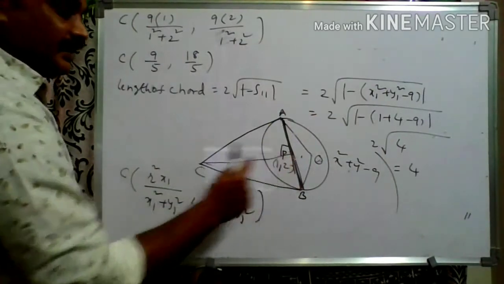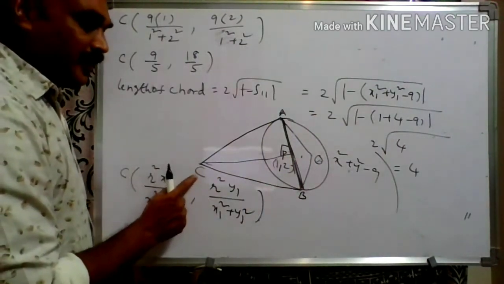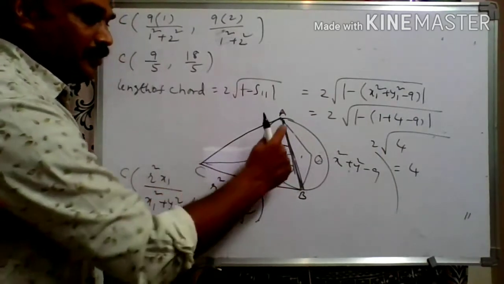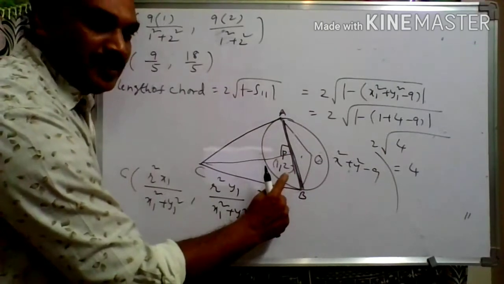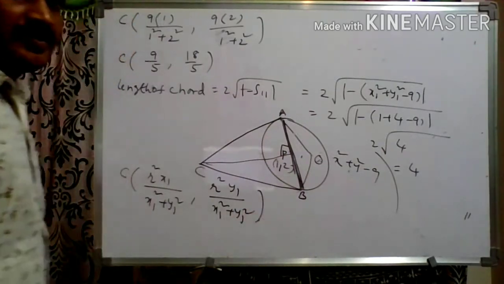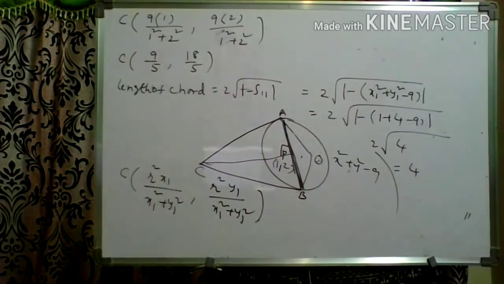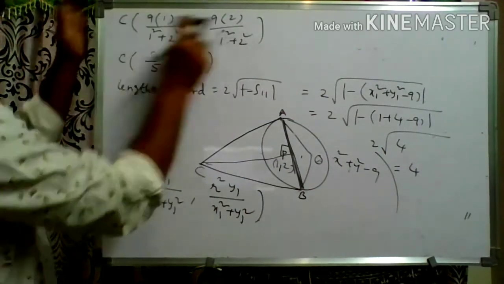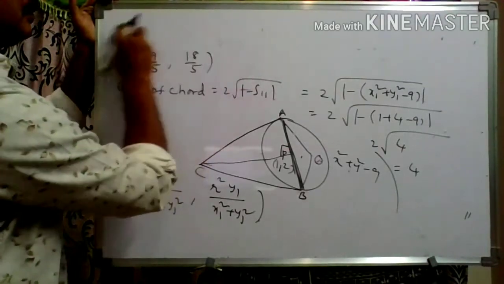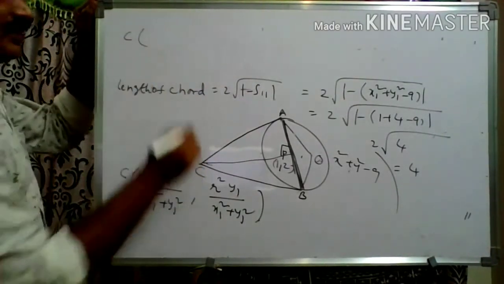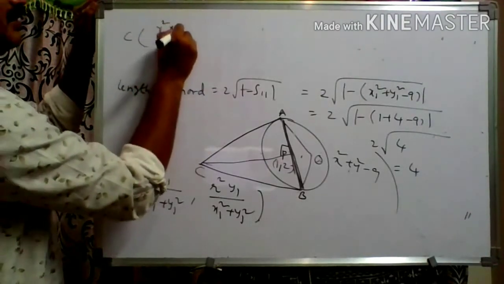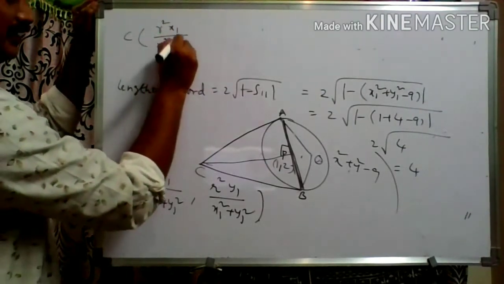Next, calculate the height. The height is the perpendicular distance from C to the chord. First calculate the chord equation, students. 1 comma 2 is the midpoint of the chord. Point C is R square x1 by x1 square plus y1 square comma R square y1 by x1 square plus y1 square.